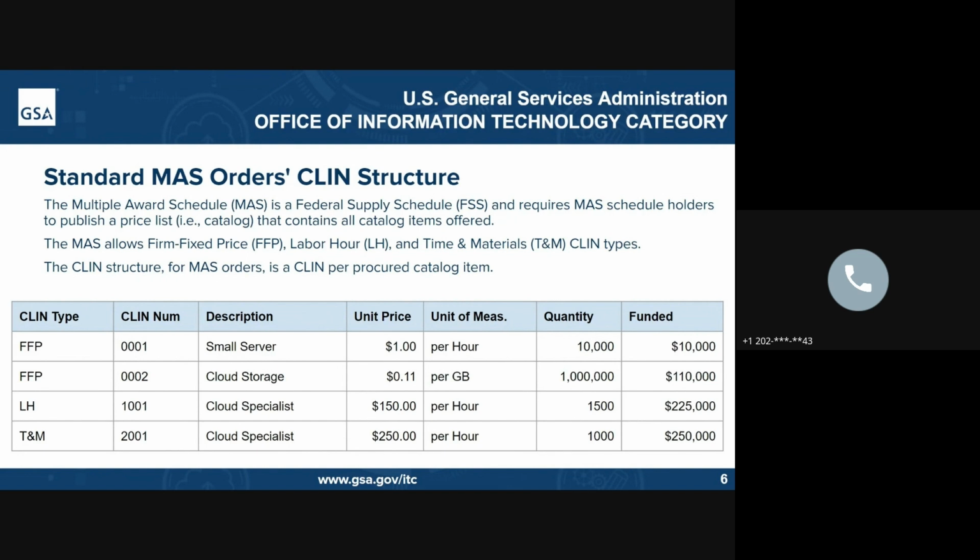This is traditionally how a MAS order would be put together, and based on the number of distinct items you'd be procuring, you could have as few as one CLIN, or you could have up to hundreds of CLINs based on what you'd be ordering.